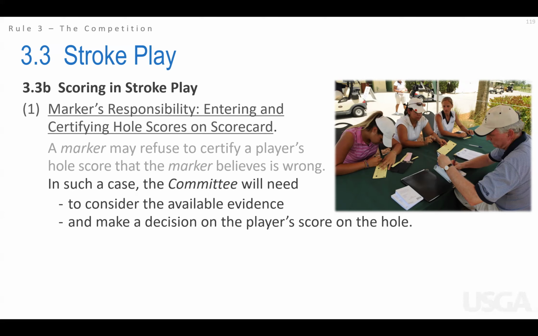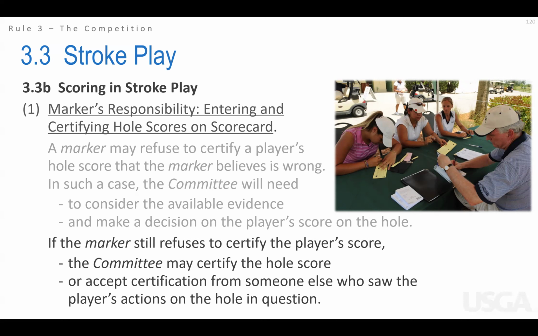The committee is going to make the decision for that scorecard. If that marker still refuses to certify the player's score, the committee can certify that score or can accept certification from someone else who saw the player's actions. But typically, if the original marker is not certifying that scorecard, it's going to go into the committee's hands after that.